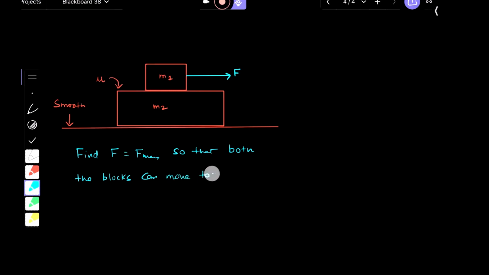Do you want me to solve it straight away? I'll suggest you try drawing the free body diagram. I'll give you 30 seconds for that, and then I will discuss it. First draw the free body diagram indicating how the friction force will act between M1 and M2 when we apply a force F on M1 in order to move M1 and M2 together.